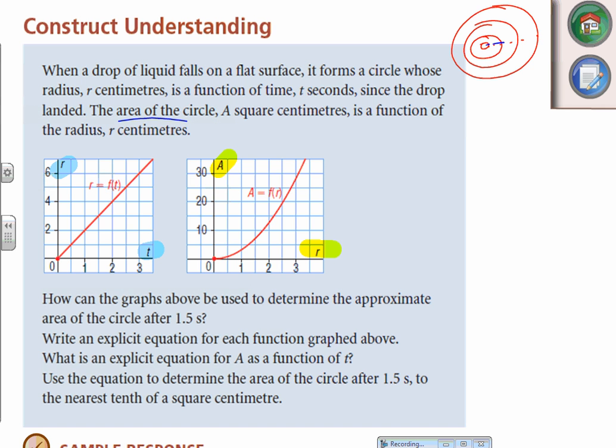So we've got to go through one equation, one graph, before we can get to the second one. Well, let's look at this one here. At 1.5 seconds, let's find that right here. Go up and across. And that tells us here that we're looking at a radius of 3 centimeters. So I'll write it this way. When t equals 1.5, r is equal to 3.